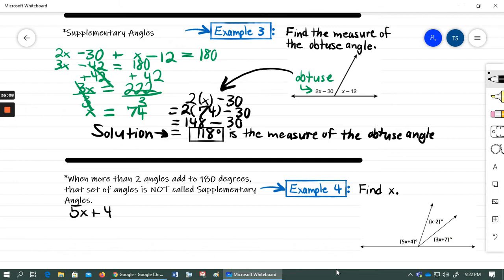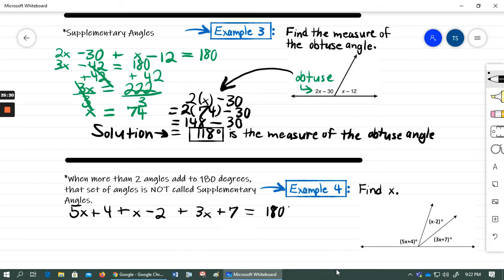But anyway, let's finish writing out this angle addition postulate. Let's add it to these other two angles, plus x minus 2 and plus 3x minus 7. So again, all three angles add to give us 180 degrees.